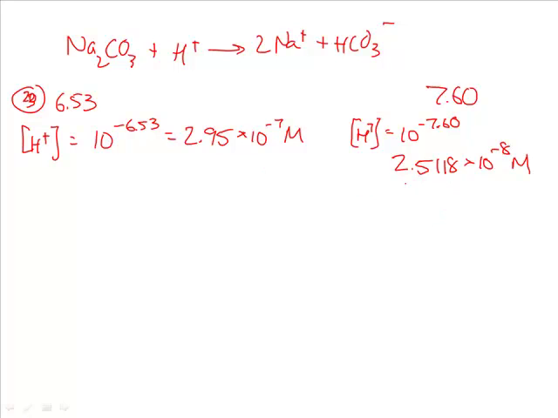This difference is being caused by the Na2CO3. Every time one of these reacts with one of these, it removes the hydrogen from solution. It neutralizes it. So if we start with this much H+ here, we subtract the 2.5118 times 10 to the negative 8th molarity from the original concentration.